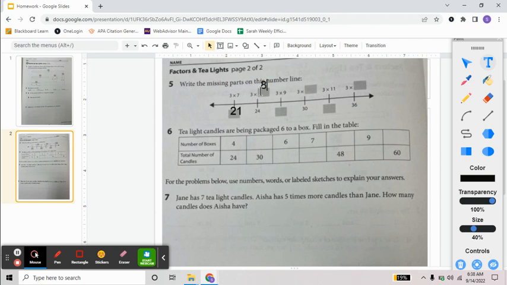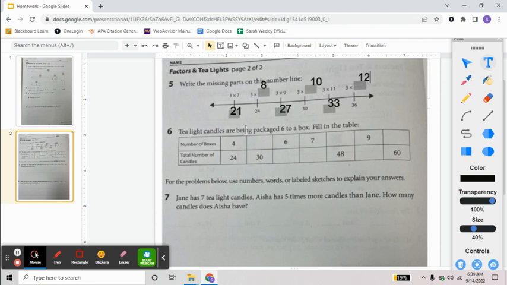That number is 8. 3 times 9 equals 27. 3 times a number that equals 30 is 10. 3 times 11 is 33. 3 times a number that equals 36 is 12.